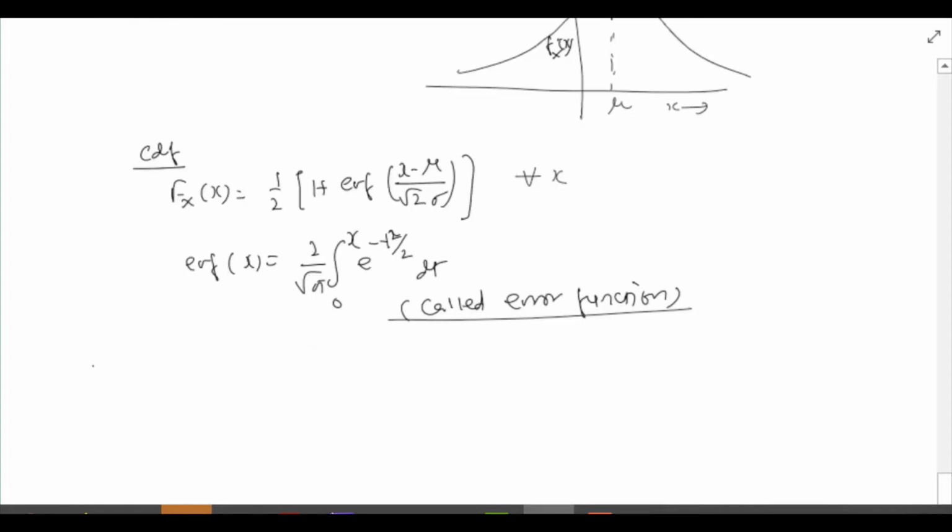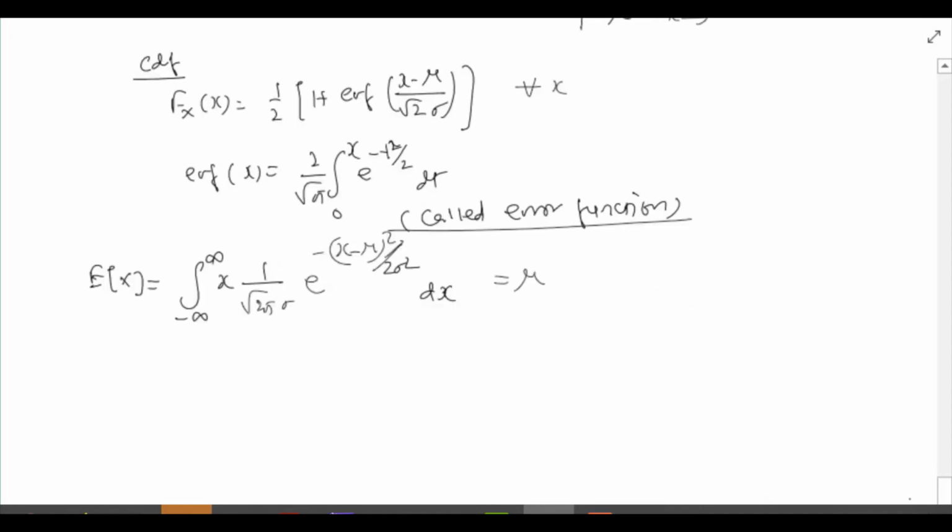The mean of the Gaussian random variable x described above, expected value of x, can be computed as the integral from minus infinity to infinity of x times 1 over root 2 pi sigma, e raised to minus (x minus mu) whole square divided by 2 sigma square, dx, and it turns out to be equal to mu. Variance of this random variable turns out to be equal to sigma square.